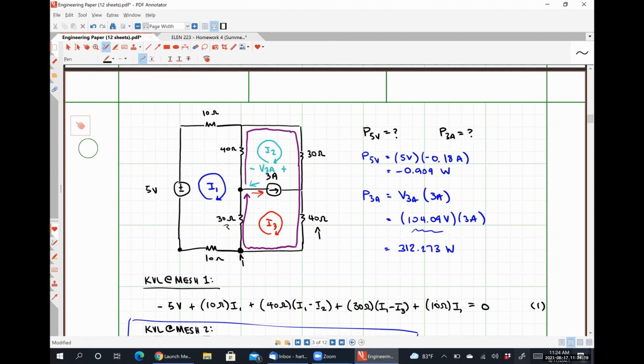All of our current sources supply a fixed amount of current regardless of what voltage appears over them. So we had to take our super mesh path, and we also had to develop a current relationship where we expressed the current being supplied by our current source in terms of our mesh currents.